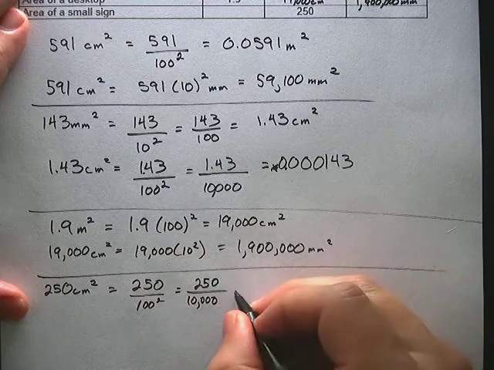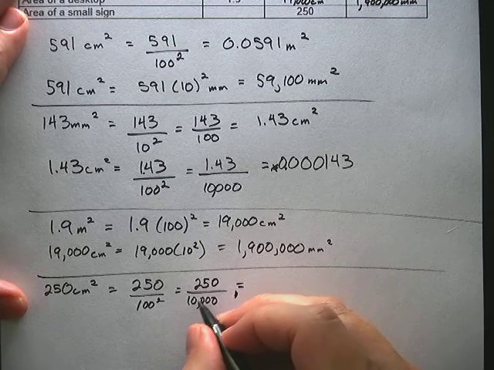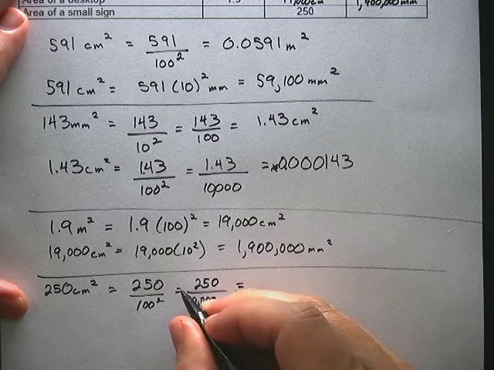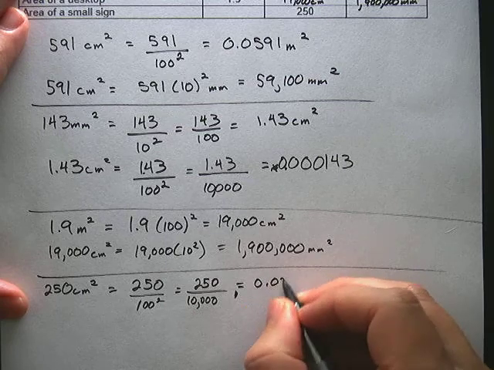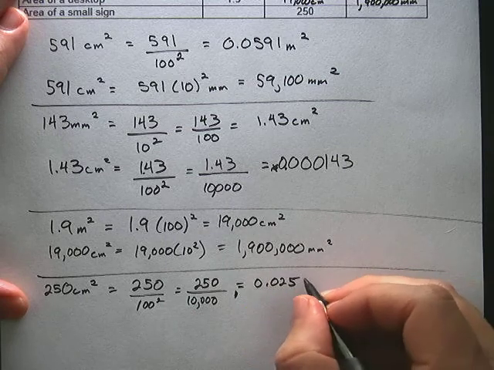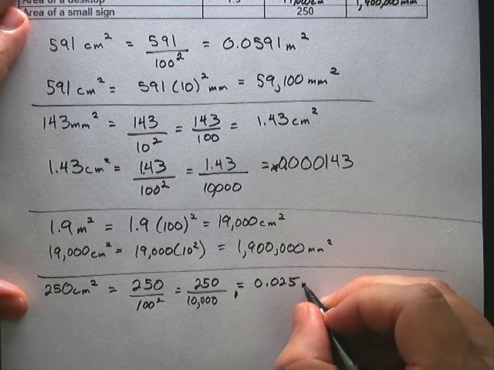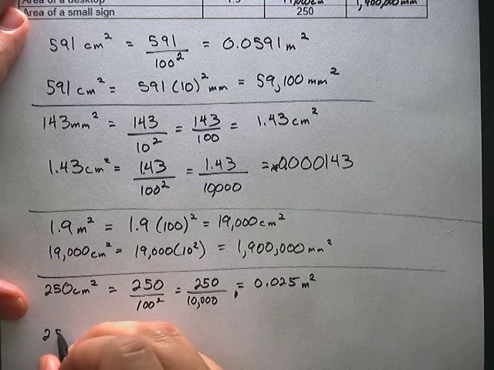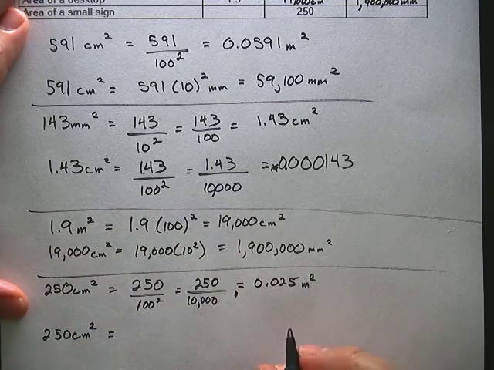Okay, so that's equal to, we want to move our decimal how many times? I messed it up last time, but we want to move it 1, 2, 3, 4 times. So it starts here, 1, 2, 3, 4. So 0.0250, or 0.025. You can put the 0 here if you want, but you don't really need to. So that is in terms of meters squared. Okay, now take the same number, 250 centimeters, and convert it the other way. So we'll multiply this time.